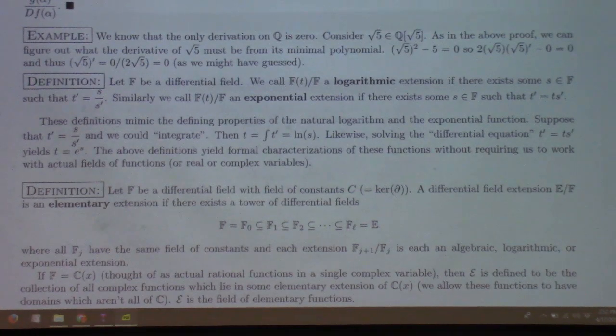Once you have additivity and Leibniz, that forces derivative 0 on the prime subfield, so if your field is the prime subfield, the only derivative is 0. So Bill's silly observation that the 0 derivative makes a commutative ring with identity into a differential ring is not a vacuous comment. It's actually an important one for this example. So the only derivative that you can define on Q is the 0 derivative.